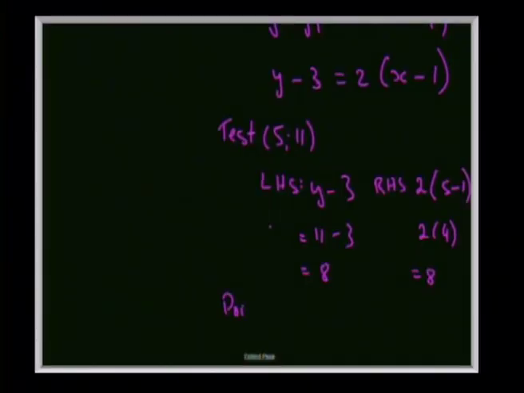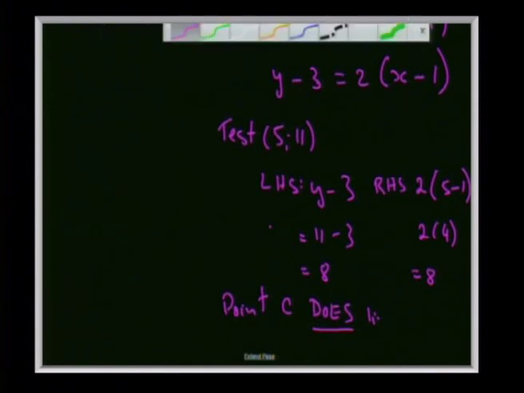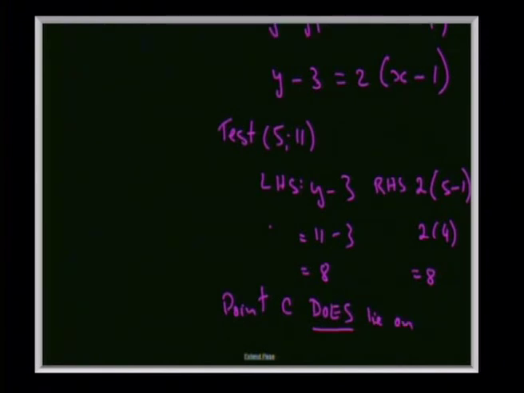That point (5, 11), my point C, lies on the line AB. So to conclude the question, point C does lie on AB.